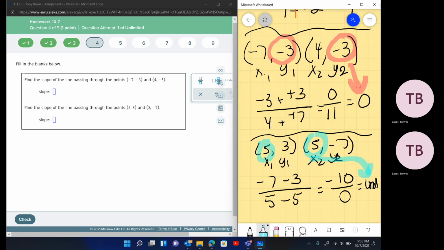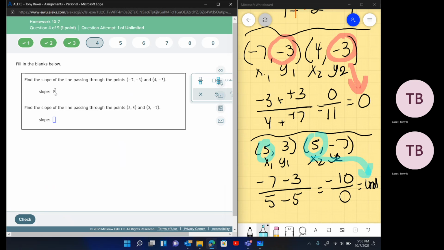The y's are on top, so you subtract them, you get the 0 there at the top. So if the x's are the same, it's always undefined. If the y's are the same, it's always 0. So you can do it out with the slope formula. That's fine. It'll work. If you can remember the pattern for it, it'll make your life a little bit easier. So this is 0, and this is undefined.